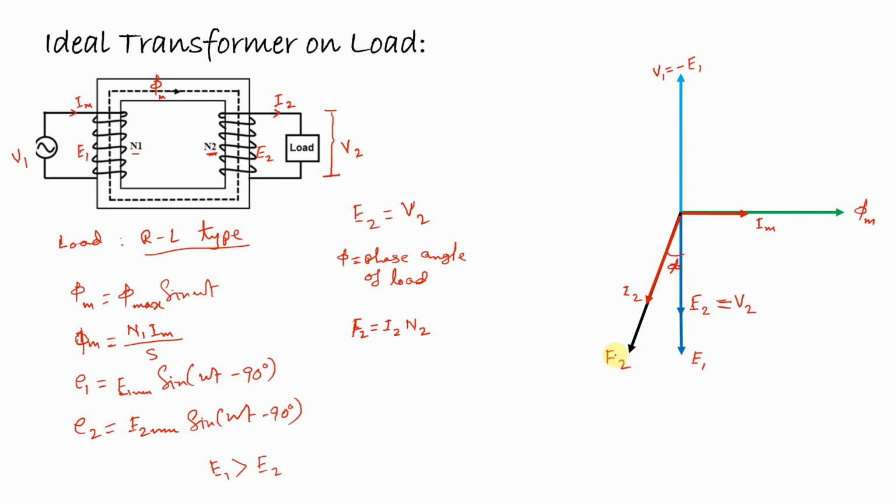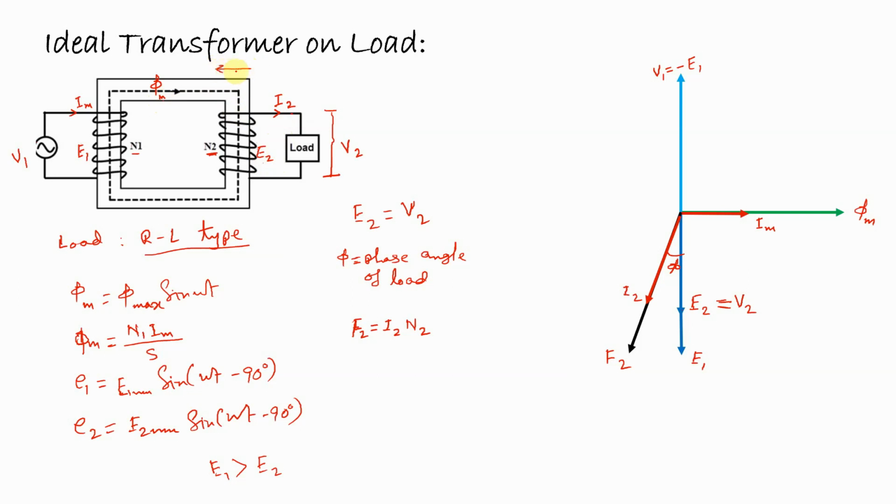Now, when the magnetomotive force is developed in the secondary side, a corresponding flux will be developed, and this flux will oppose its cause according to Lenz's law. The cause of the flux which is produced here is the current, that is I2. Current is flowing because of the induced EMF, and induced EMF is developed because of the mutual flux. That means here a flux will be developed and it will oppose the mutual flux.